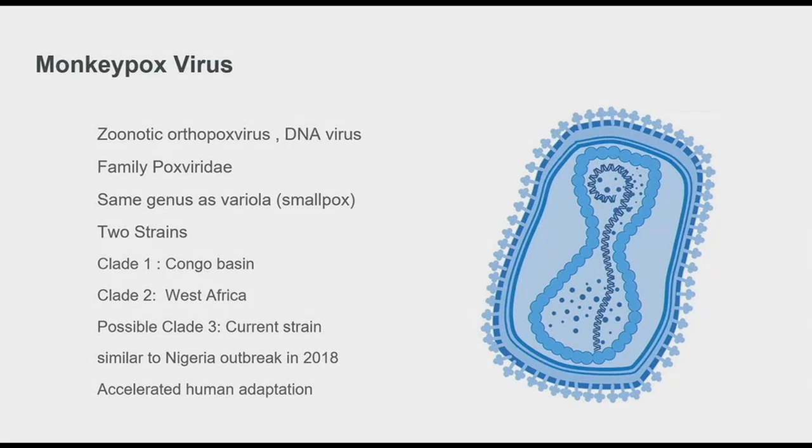When we checked the sequence of the virus, scientists discovered that the mutation sites are more than expected. So we can say that the virus is accelerating its human adaptation. That's a warning sign.